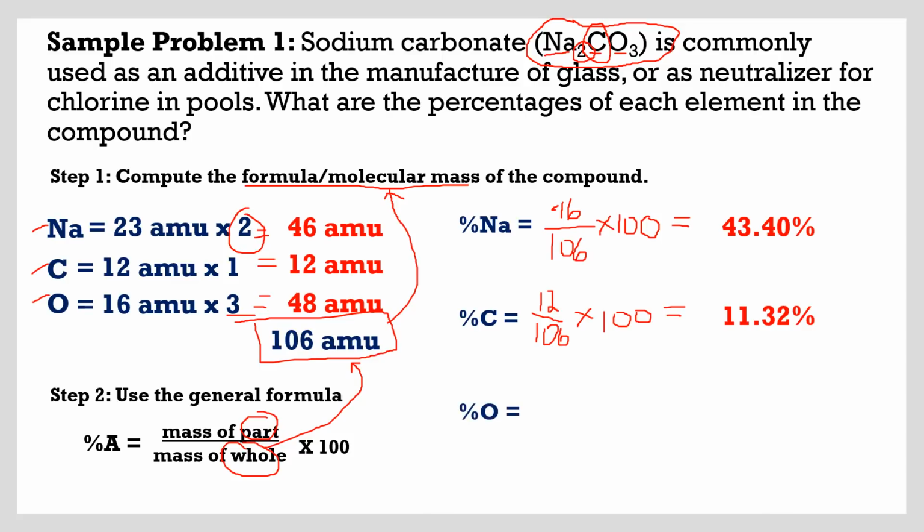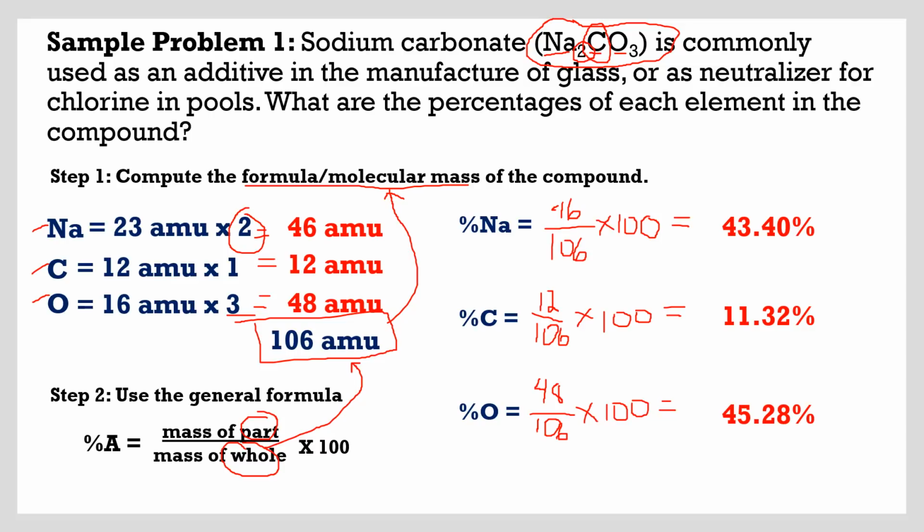And lastly, for oxygen, the mass of the part is 48 divided by the mass of the whole, which is 106, times 100. That is equal to 45.28%.